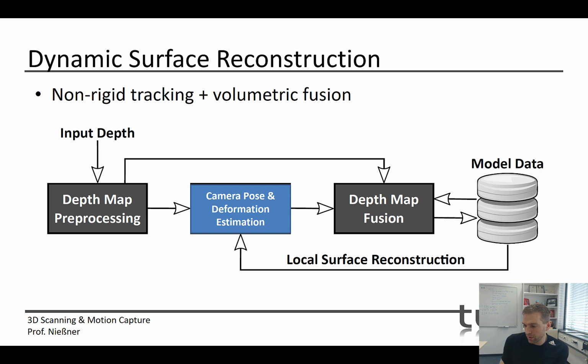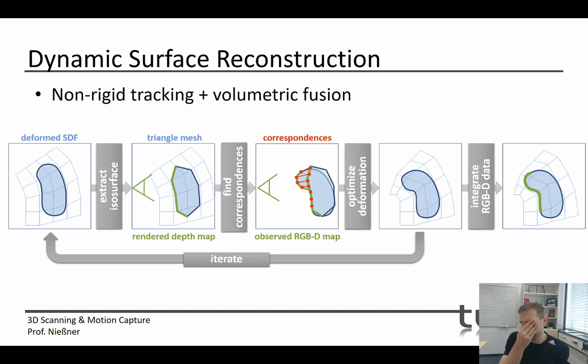Like before, we have seen how we can track a template non-rigidly, and basically between two adjacent frames in the input sequence, we're now going to track the template and do the reconstruction with the non-rigid deformation parameters afterwards. And this is essentially what dynamic surface reconstruction is doing.